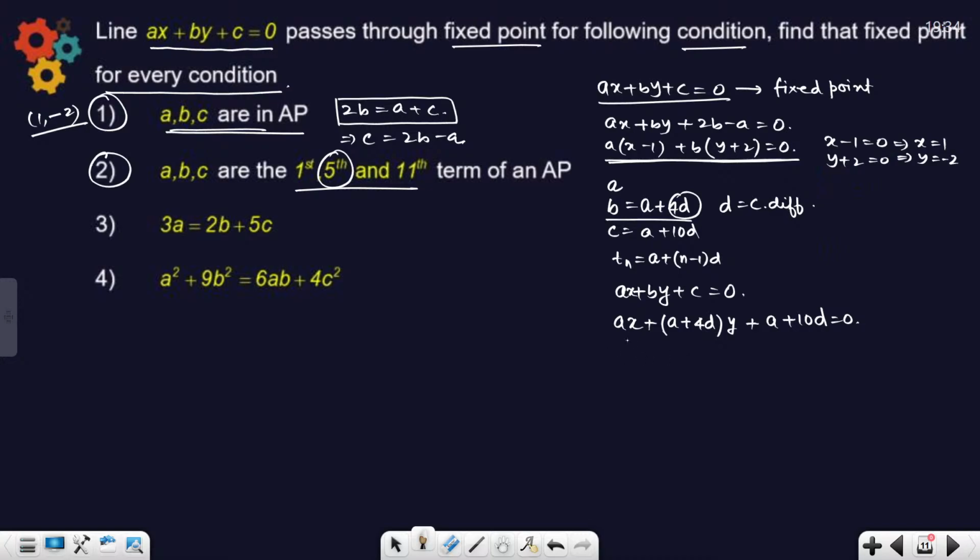So now if I open the brackets, we are going to have A times (x plus y plus 1), and for this one we are getting (4y plus 10) D equals 0. Check it.